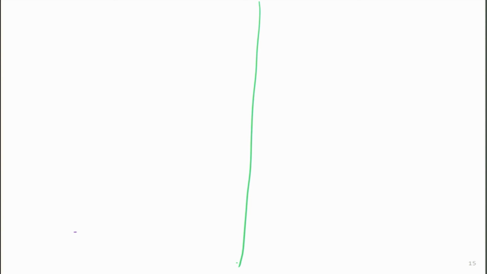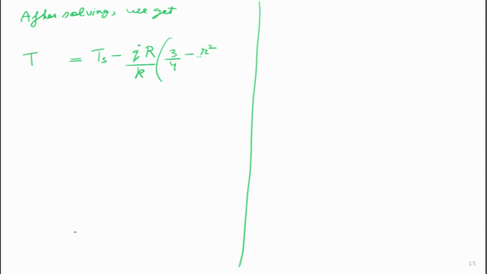After solving, we get the final solution as temperature of the fluid equal to Ts minus q dot R divided by k, bracket 3 by 4 minus r square by capital R square plus r to the power 4 divided by 4 R to the power 4.